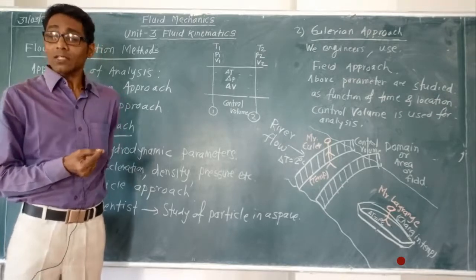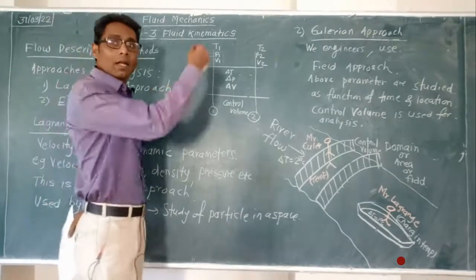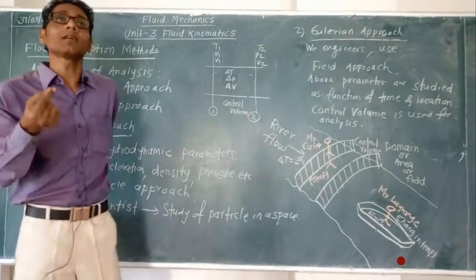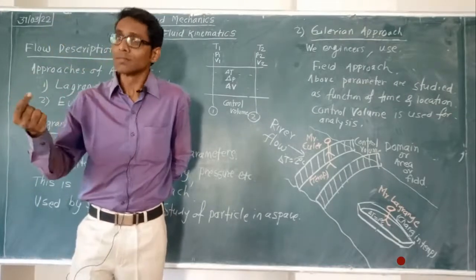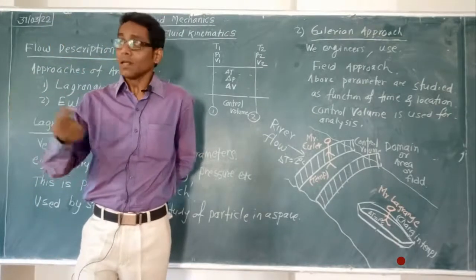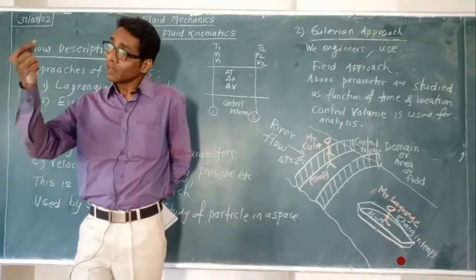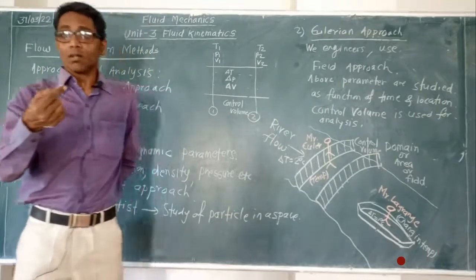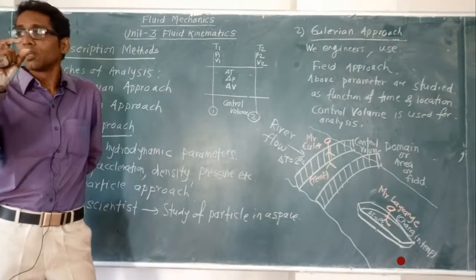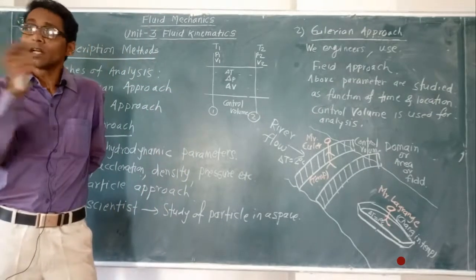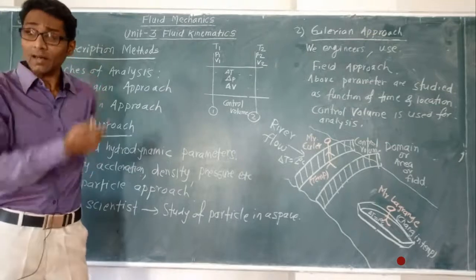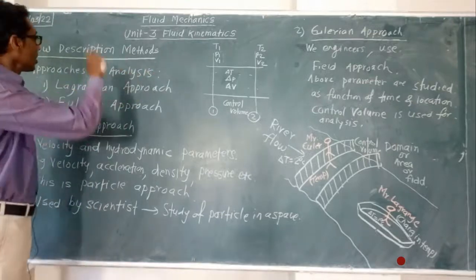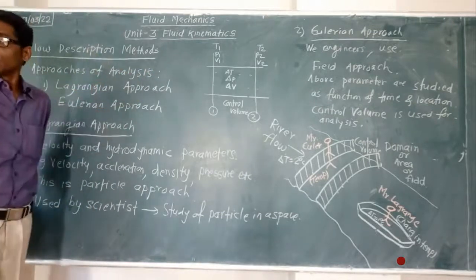So at the scientific level, wherever critical analysis is required, especially in aerospace engineering, satellites, where a small change in the system may affect the system a lot, the Lagrangian approach is considered.